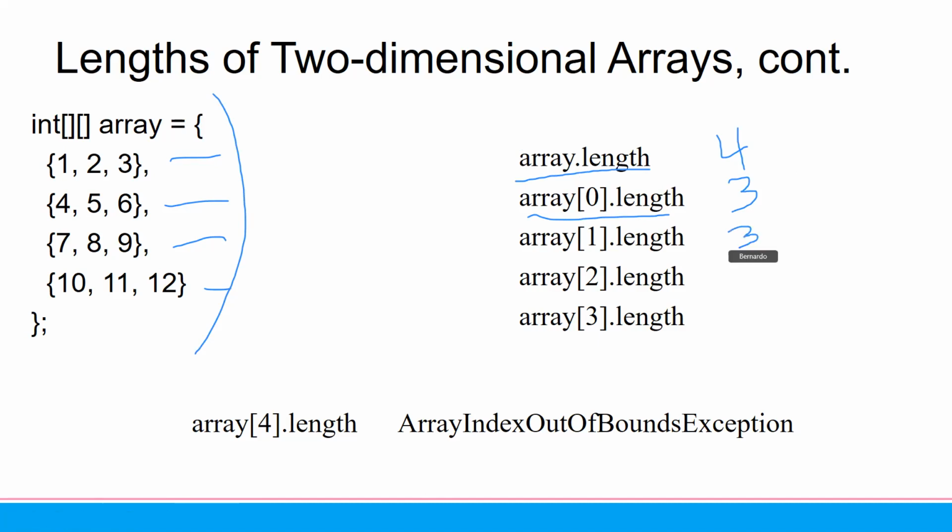We have 3. What is array 2.length? We have 3. What is array 3.length? We have 3. What about array 4.length? It will be an error, because we only have 0, 1, 2, 3.